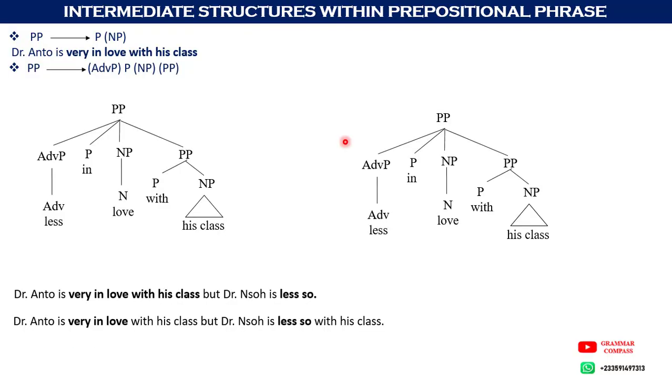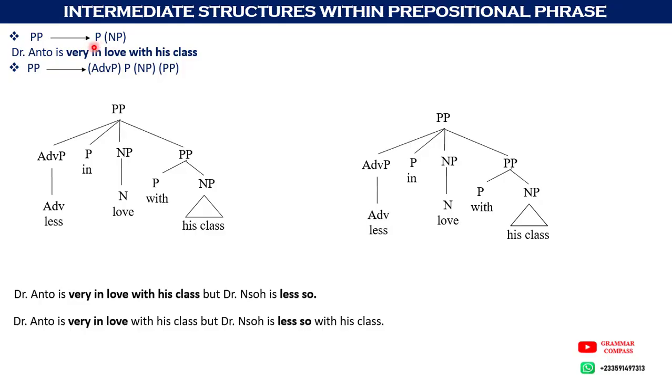Now let us talk about intermediate structures within the prepositional phrase. We know from phrase structure that when you have a prepositional phrase, it consists of a preposition and an optional noun phrase. That is also another question, whether the noun phrase in a prepositional phrase can be optional. But that was the rule that we developed in phrase structure grammar for PPs.